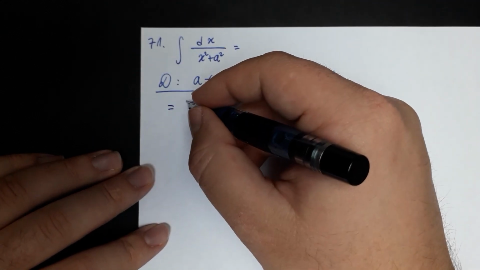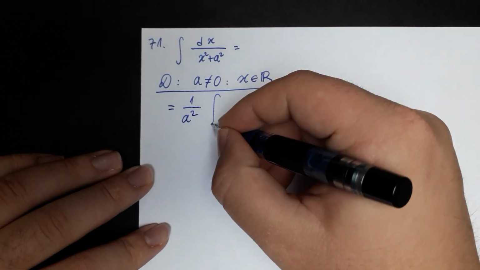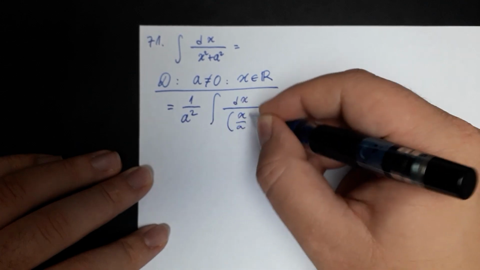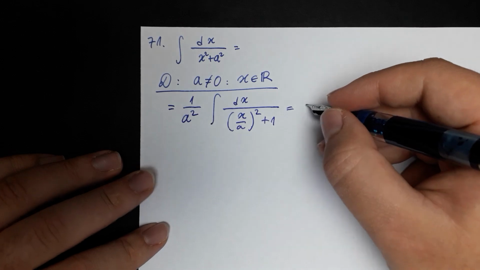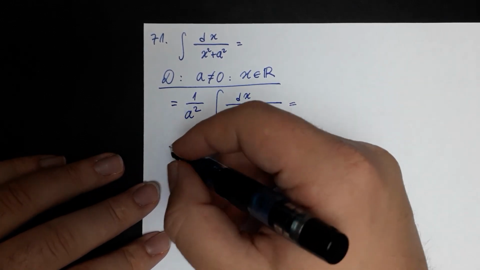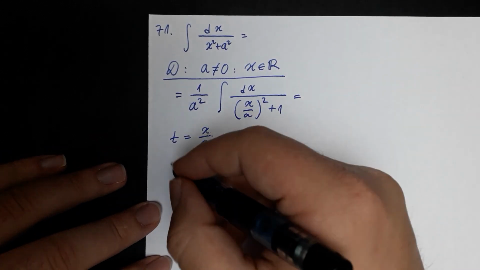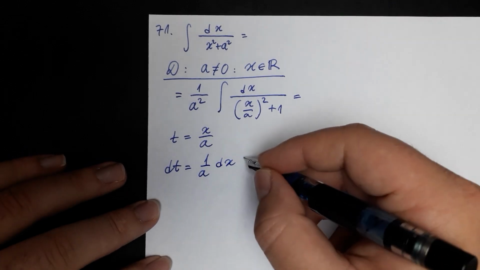So that means that the integral can be written as 1 divided by a squared times an integral of dx divided by x over a squared plus 1. By introducing the substitution that t is equal to x over a, we get a differential of t as 1 over a dx.